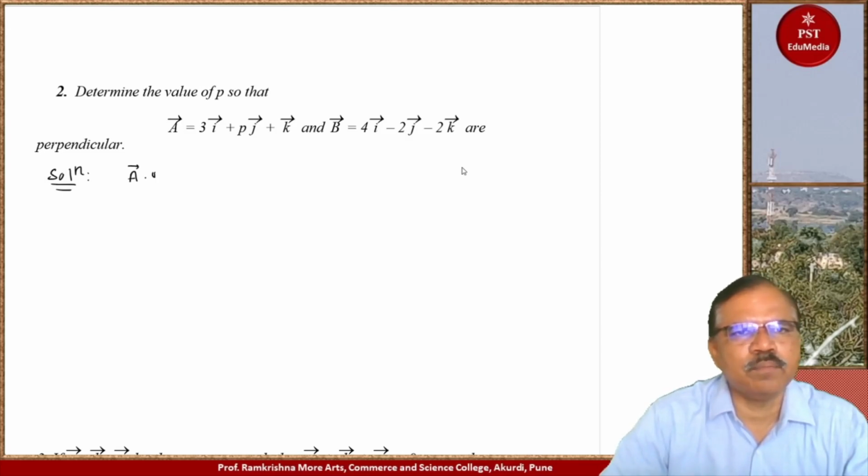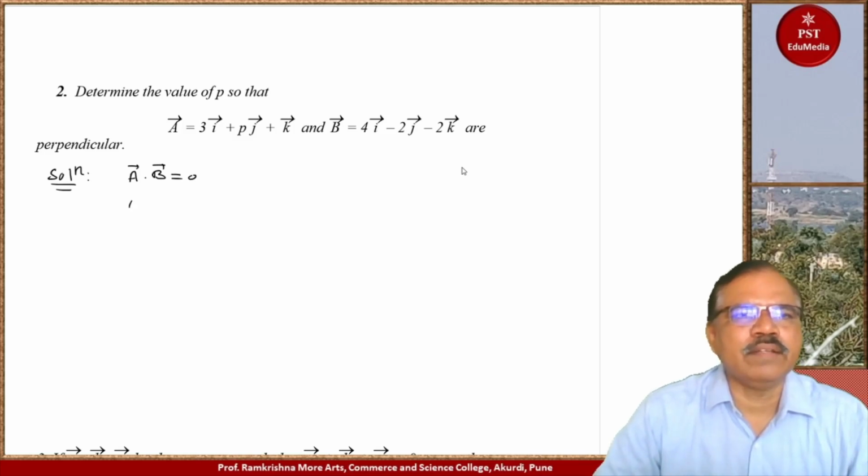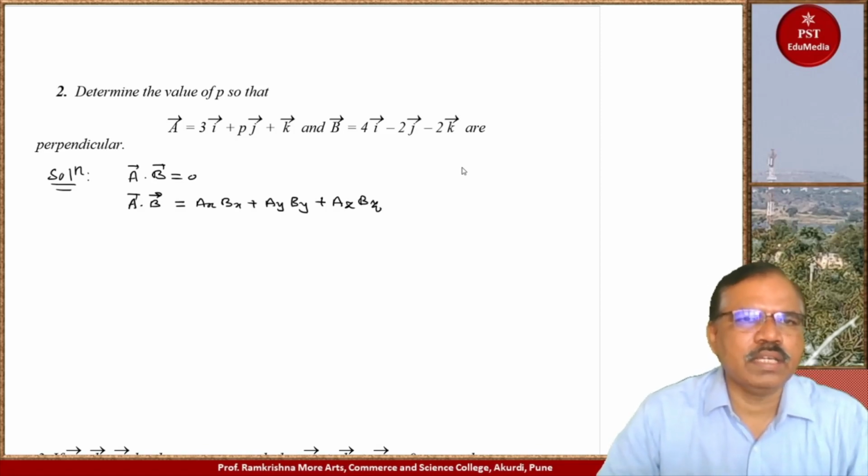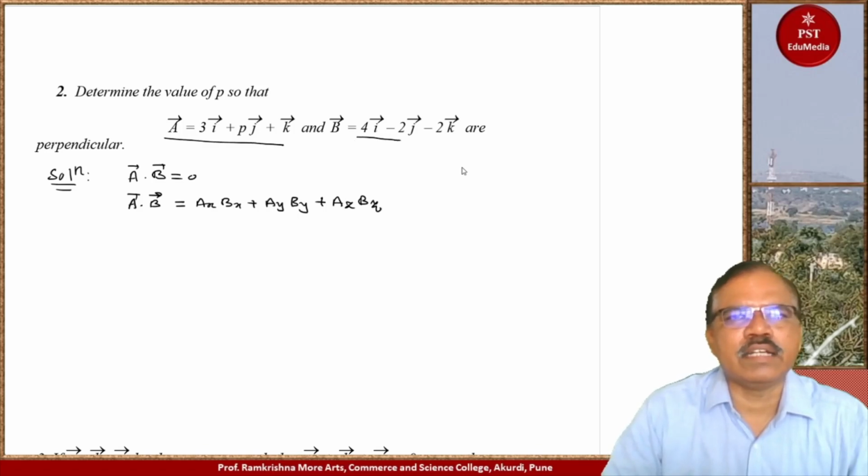So A dot B is 0. Now A dot B, we know it is equal to AX BX plus AY BY plus AZ BZ. Now here this is vector A and this is vector B.